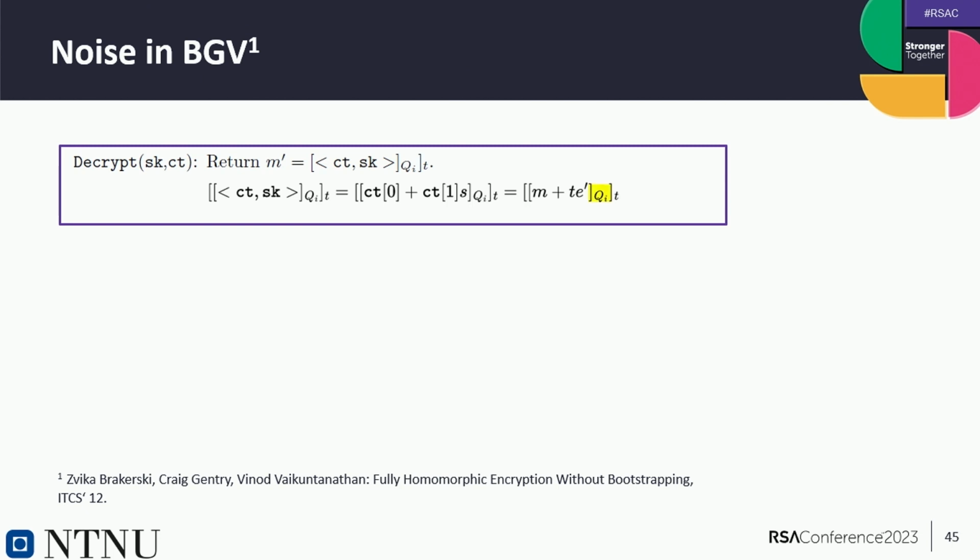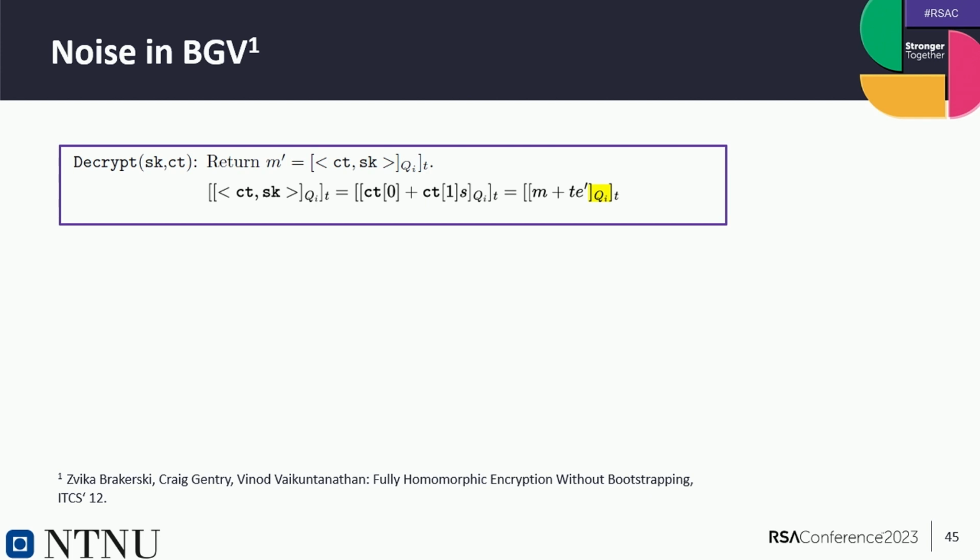There's only one problem. Before we get to the joy of taking the whole thing modulo t, we have this ring modulus here, the ciphertext modulus, which is here simply because we're working in a ring modulo q_i. Here we already can get an idea what noise in FHE means, because if this m plus t e prime term gets bigger than q_i, then we get a wraparound before we can take the thing modulo t. This wraparound may dissipate the dependence of this e prime term on t, so the modulo t step may fail to strip away this error.